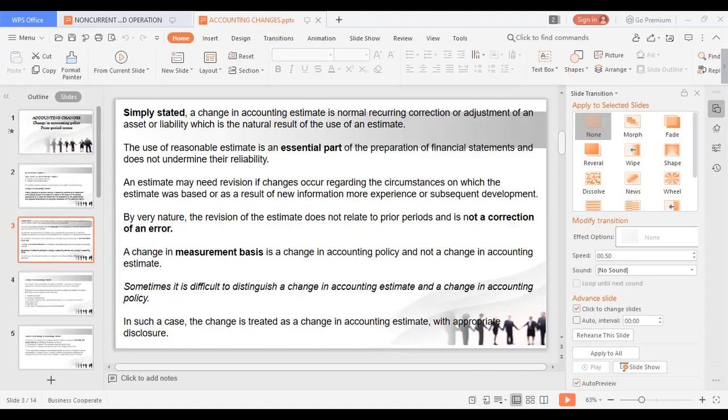Then number 10, what amount should be reported as prior period error in the financial statements for 2020? So we have now during the year ended December 31, 2020, the following events occurred at Harbor Company.